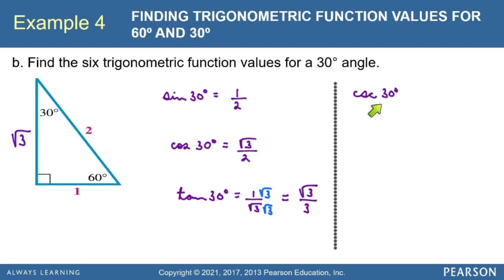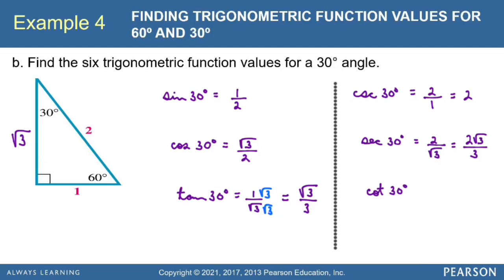Now for the other three functions, the cosecant of 30 degrees is going to be the reciprocal of the sine, so that's going to be 2 over 1, which is 2. The secant of 30 degrees is going to be the reciprocal of cosine, so that's 2 over square root of 3, but that needs to be rationalized. And as you know, you multiply top and bottom by square root of 3, and you'll end up with 2 square root of 3 over 3. And then for the cotangent of 30 degrees, we know that's the reciprocal of the tangent of 30 degrees.